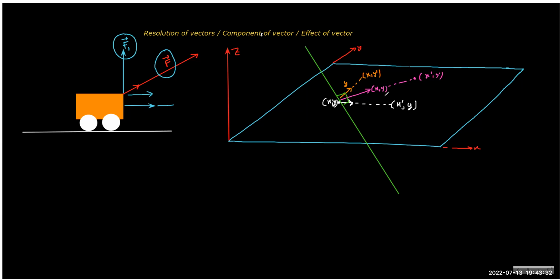As you move along the pink line, are we changing anything over the green line? No. This motion is not creating any change in the green line. Every motion, every force, every vector can create effect except the direction which is called mutually perpendicular direction.